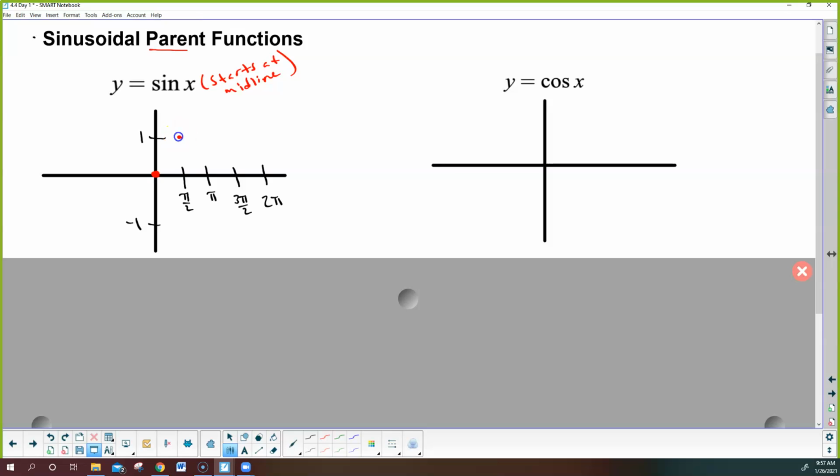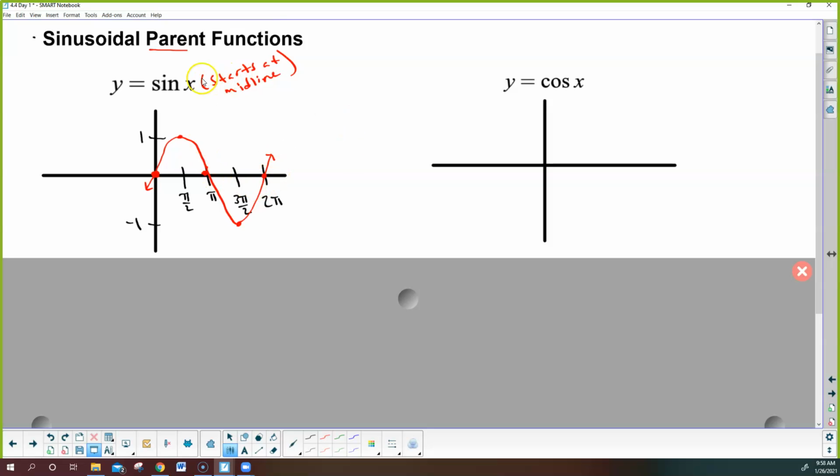And then it goes up to the max, and it goes back down to the midline, and it goes to the minimum, and back to the midline. So there's one period. We just graphed one full period of sine.